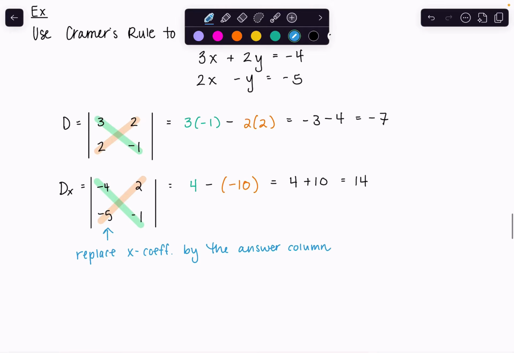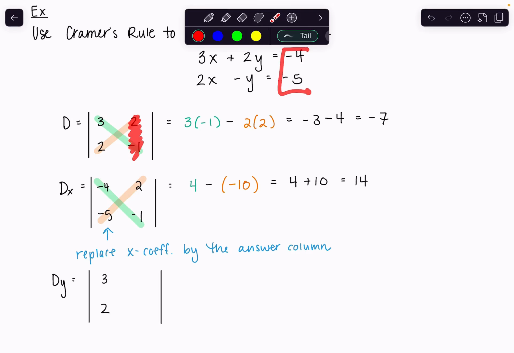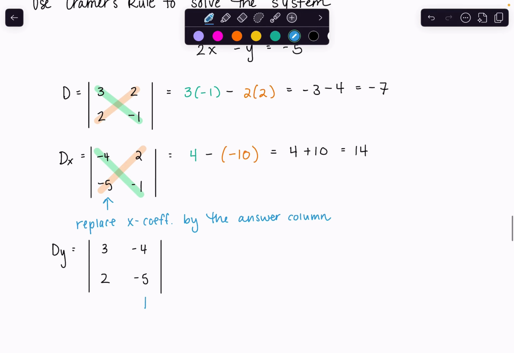Then to find D sub y, try to keep the system in here for this last one. The x stays the same, but now our y's get replaced by the answer column. So we replace the y coefficients by the answer column.